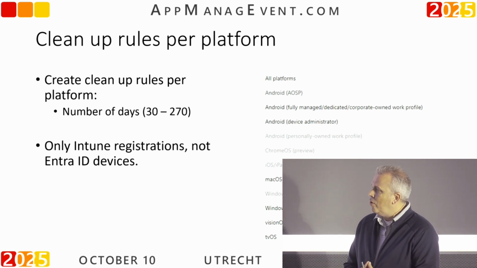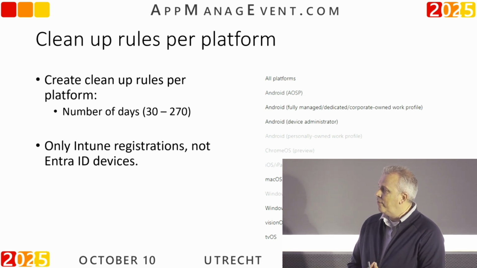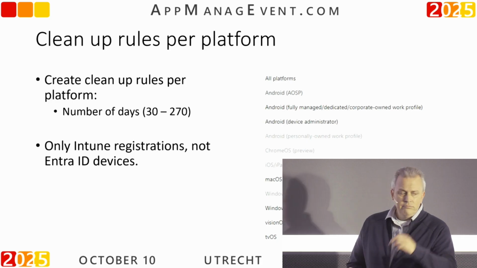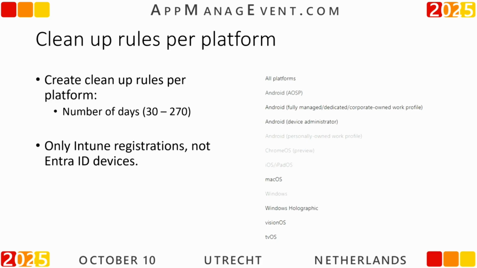But now we can scope this based on platform. And it's a fairly long list. Even visionOS and tvOS is there. Of course, also Chrome OS. So basically all the supported platforms, you can create different cleanup rules between 30 days and 270 days.